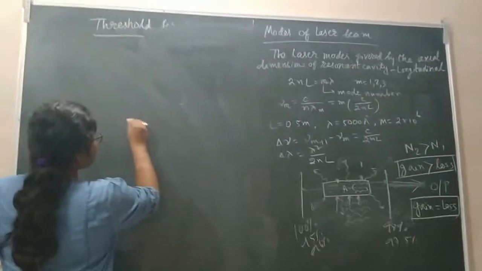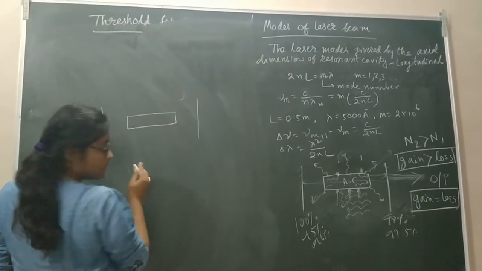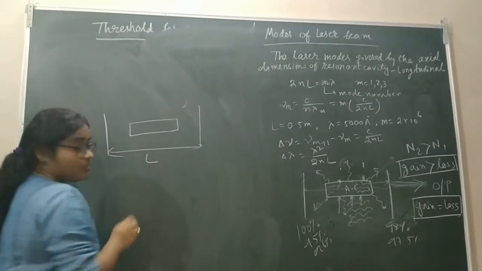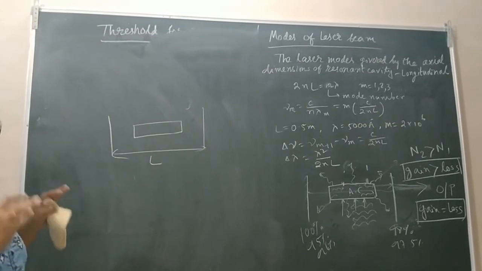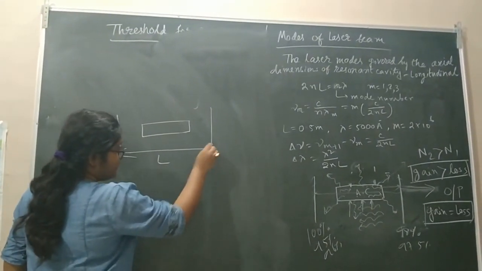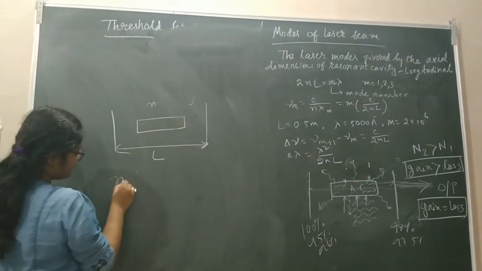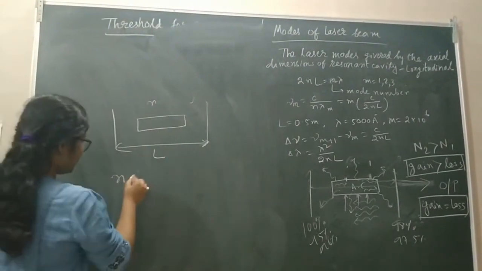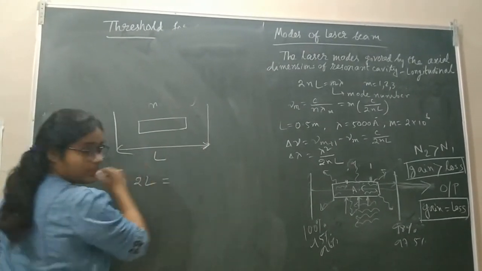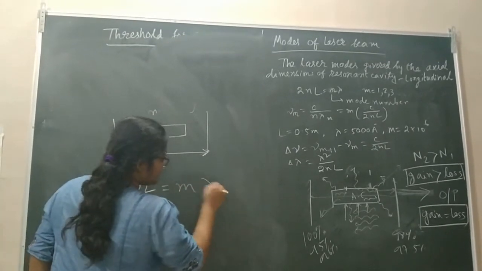And what does it mean? So this is the active medium, this is the laser system. If the length is L, those light signals or those modes will be amplified when this condition is satisfied, that is, if n is the refractive index inside the medium, 2 into n into L, this is the round trip path traveled by the light, is m into lambda.